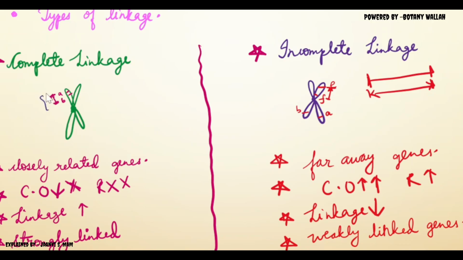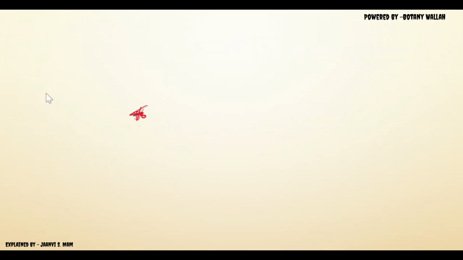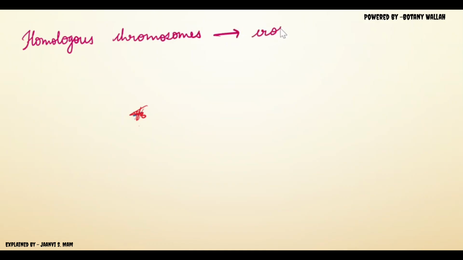But I had also taught one thing, that whenever there are homologous chromosomes, these chromosomes are only responsible for crossing over.